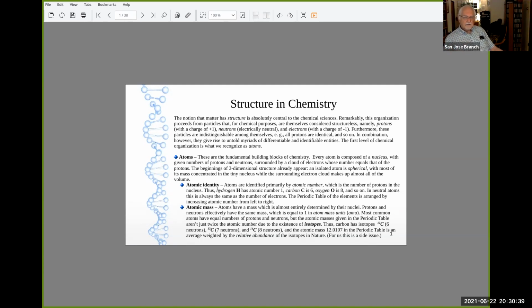Water is so abundant, and the smallest thing that we would recognize as water is a water molecule. For most types of matter, a molecule is the first kind of entity that we can differentiate from other entities.